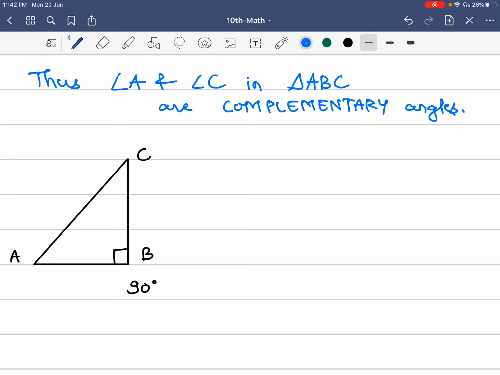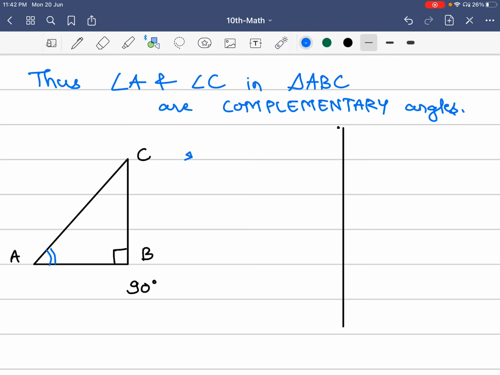Now let's focus on angle A to start with. For angle A, let's discuss its two trigonometric ratios, sine and cos. I'm going to start with sine first.